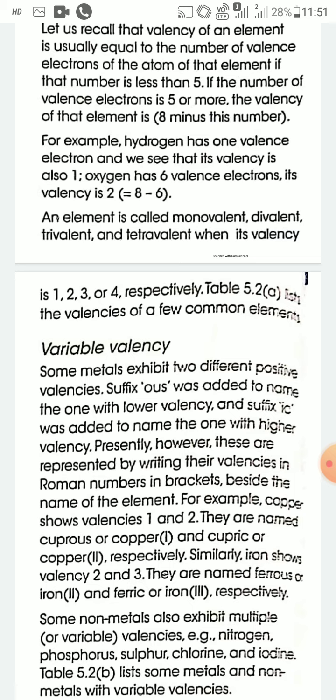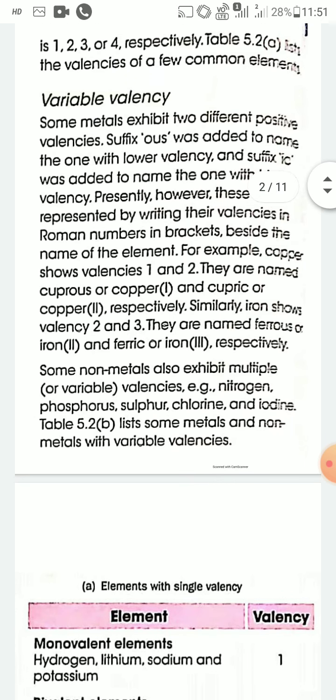Now, variable valency. What is variable valency? Some metals can exhibit 2 different positive valencies, that is, more than one valency, and these valencies are called variable valencies.